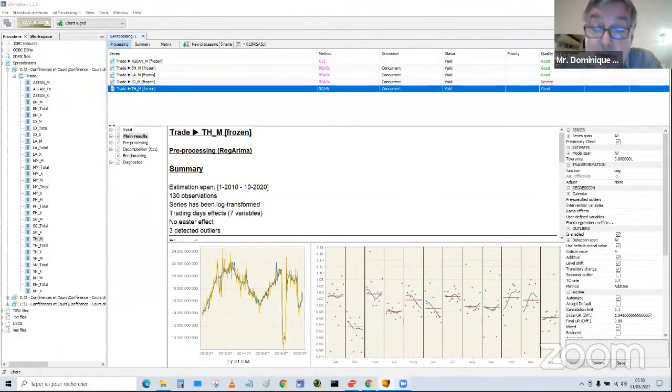No? So everything seems okay. Let me continue to work on the ASEAN imports. Let us go to something different. I will, for example, run another statistical method just to run everyone and check after.